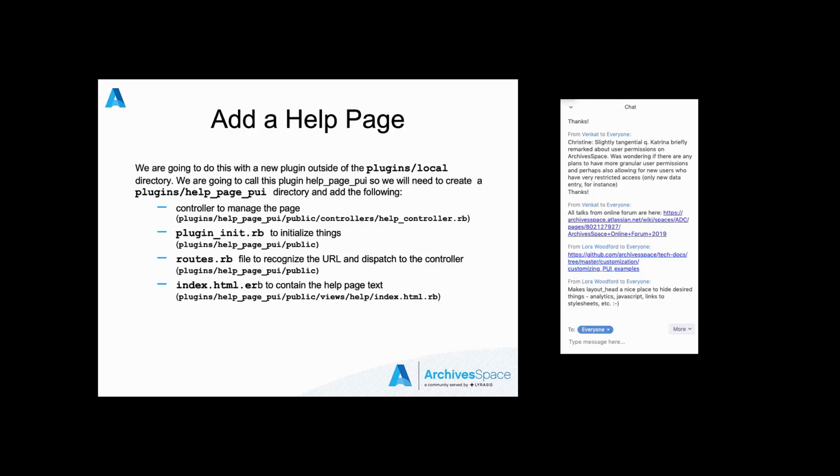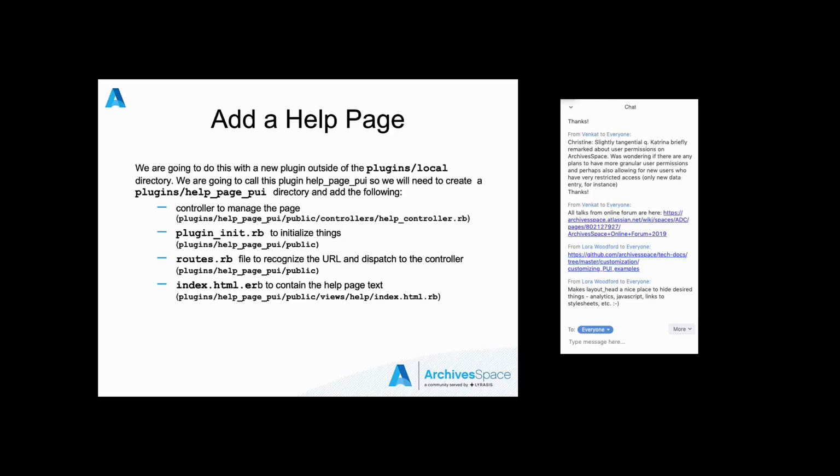And last is the index.html.erb file, and this file is actually going to contain the help page text. This is going to go in the help page PUI public views help directory in the plugin directory.